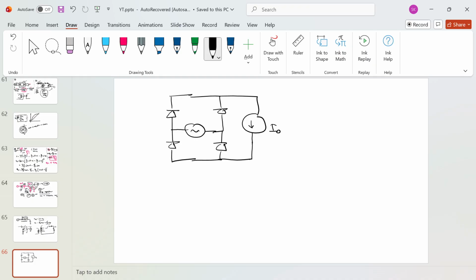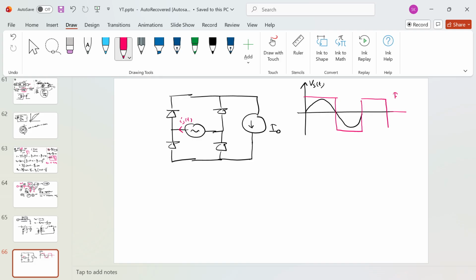If you see in this case what will happen, let's say this is your supply voltage Vs of t, but the source current Is of t will not be sinusoidal, it will be square wave in nature, right? And it is I naught.